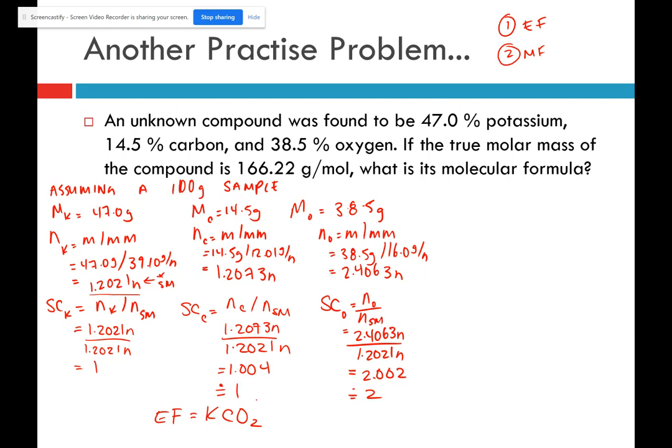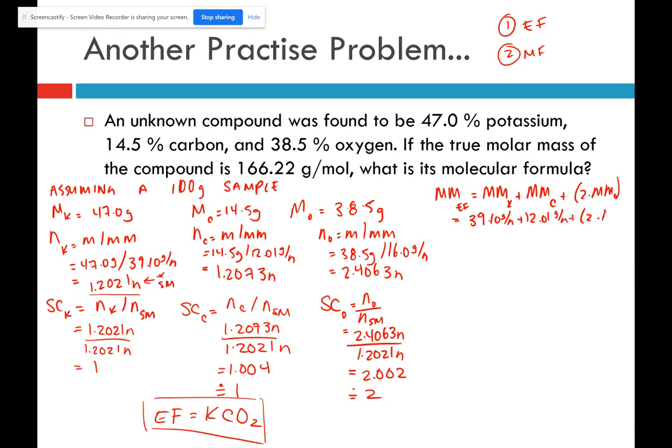Now that we know what our empirical formula is, we can use that to determine our molecular formula. We figure out the molar mass of our empirical formula, which is going to be the molar mass of potassium plus the molar mass of carbon plus 2 times the molar mass of oxygen. So that's 39.10 grams per mole plus 12.01 grams per mole plus 2 times 16 grams per mole.